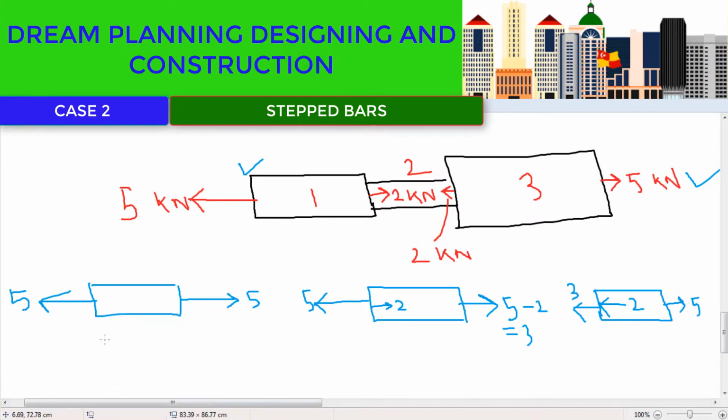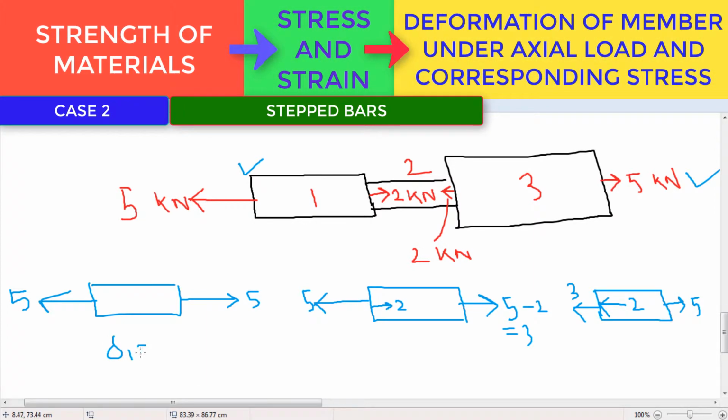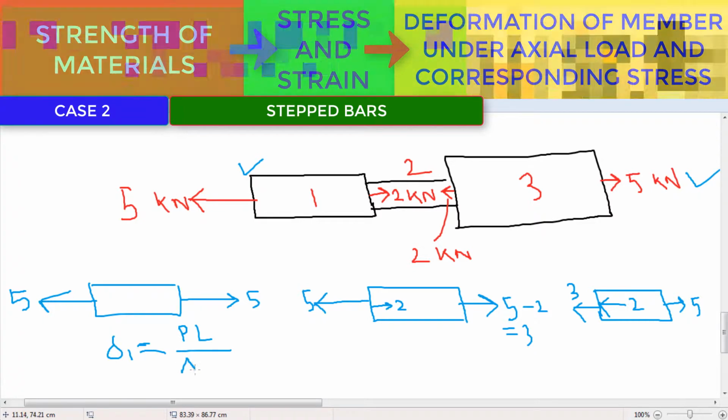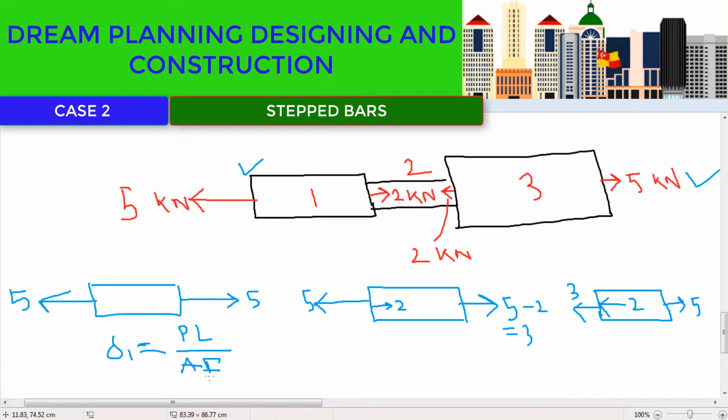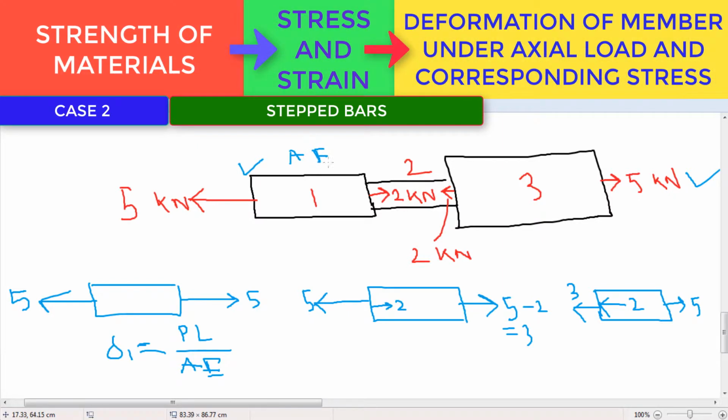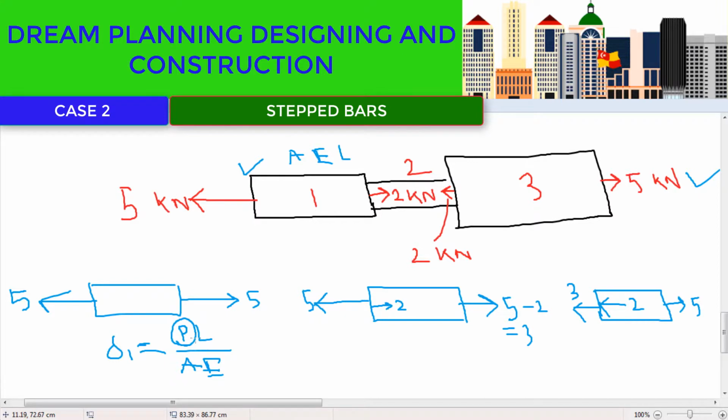Now we have to determine del. So del 1 equals PL by A E. Here everything is known: the area is given, E is given, and L is given, and we have already determined the axial force P for each member.